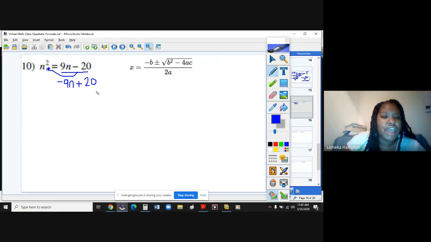So when I do that, this is what I have: n squared minus 9n plus 20, and that's equal to 0.